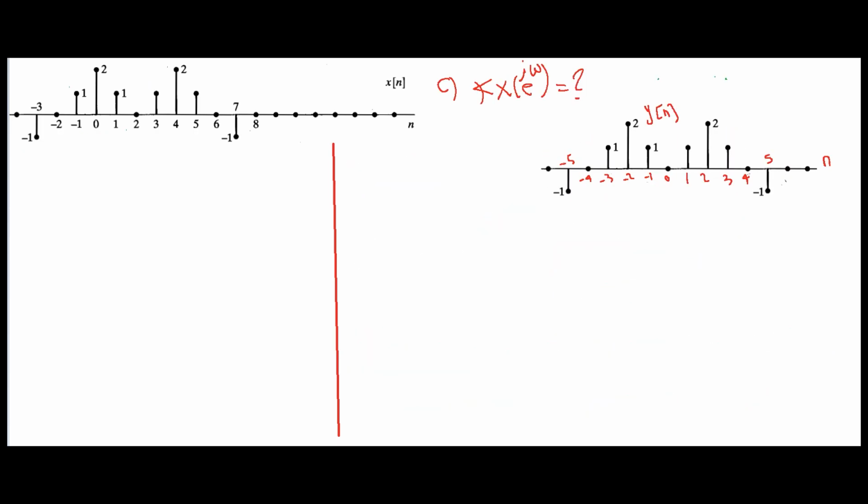In the next part, we are asked to find the phase of the Fourier transform. To do this, we first define a new signal called y[n]. If you compare y[n] with x[n], you can see that shifting y[n] by 2 units to the right results in x[n]. Therefore, we can write x[n] as y[n minus 2].